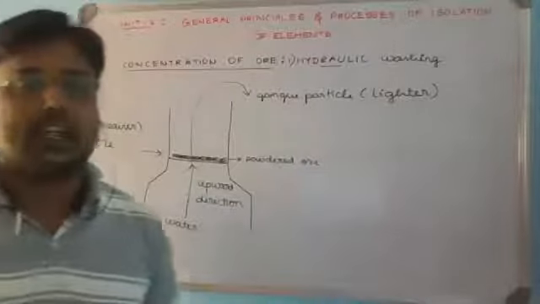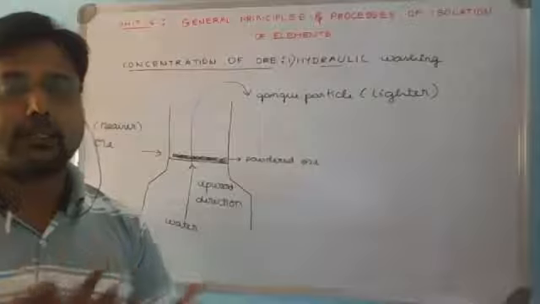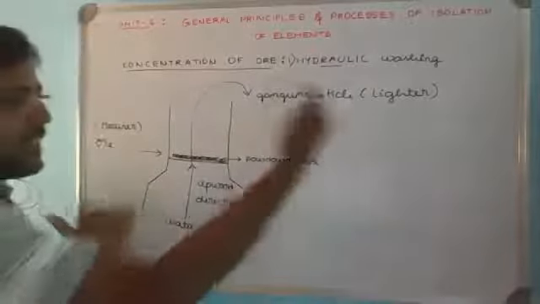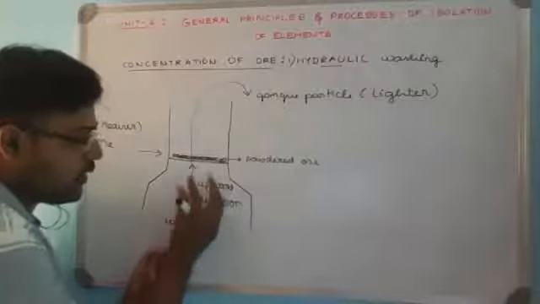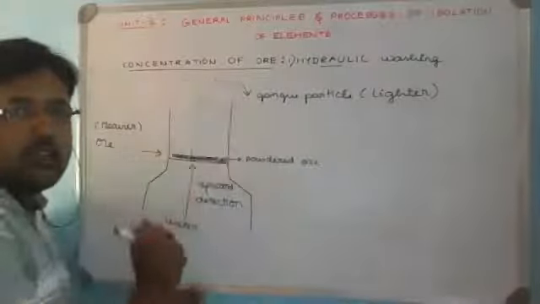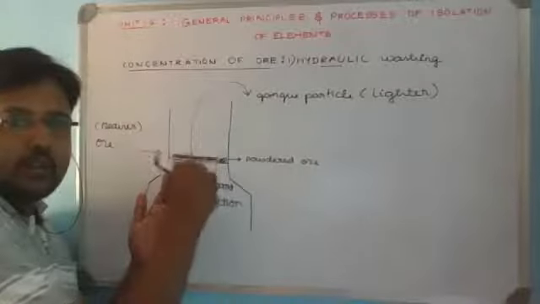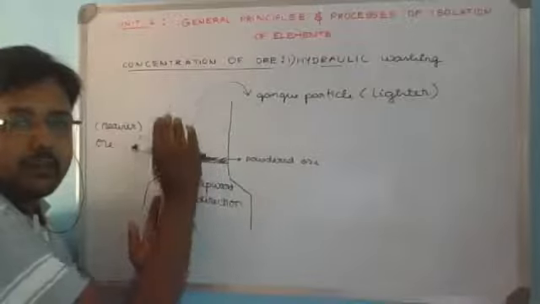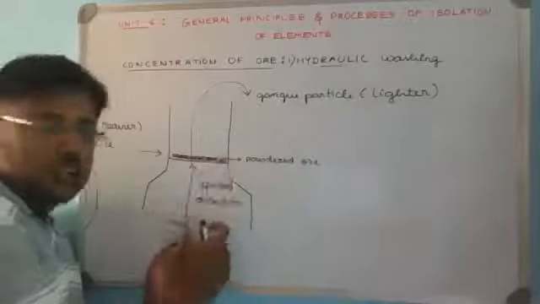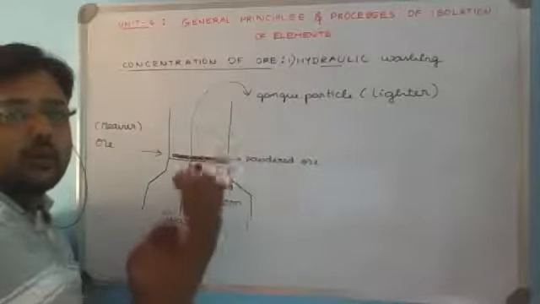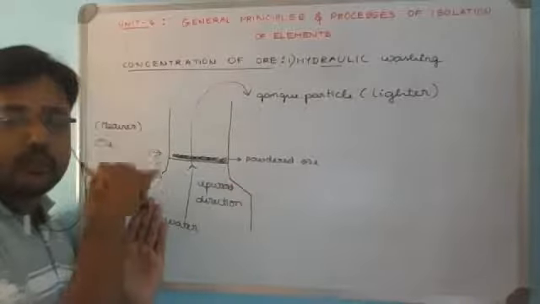Actually, the gravitational force acts on the particles and a separation is done of the lighter gangue from the heavier ore particles. Once the water is flowing in an upward stream, due to gravitational force, an opposing force acts on the particles carried with the water. As gangue particles are lighter, they can easily be carried with water, whereas ore particles, being heavier, are acted on by gravitational force.